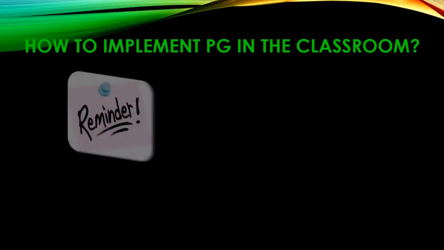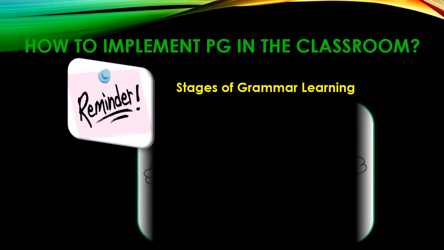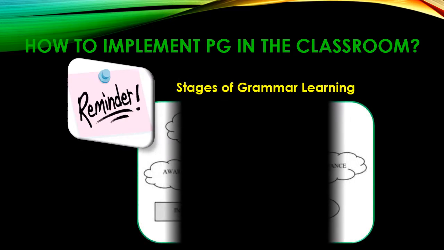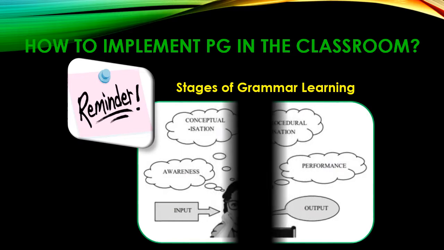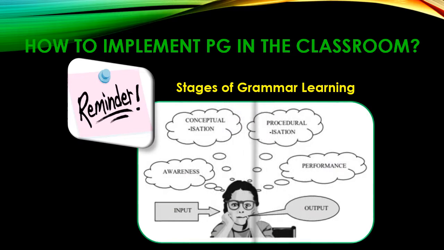Secondly, keep in mind the 4 stages of grammar learning, or the cognitive learning model, which surely help your students to improve their grammar skills. Number 1 is awareness, where learners pay attention and observe new grammar. Number 2 is conceptualization. It refers to the acquisition of new knowledge.